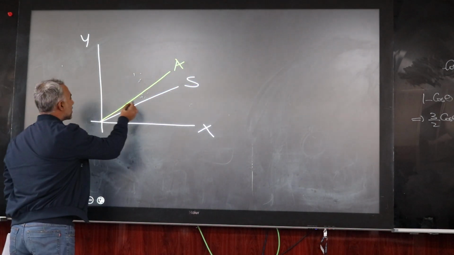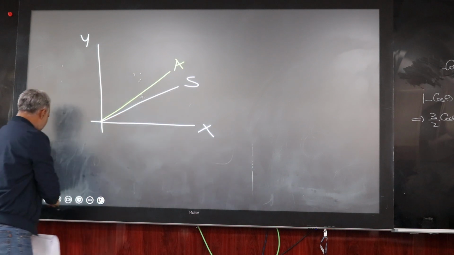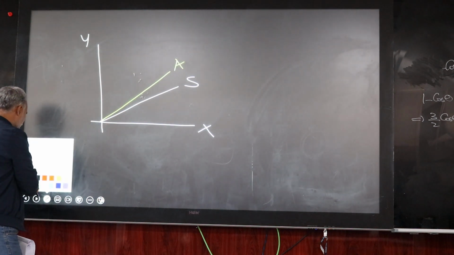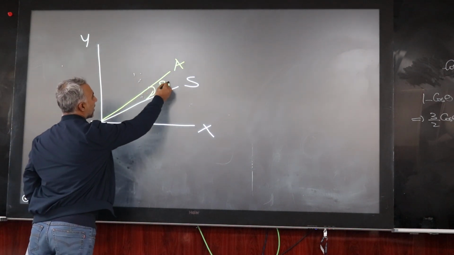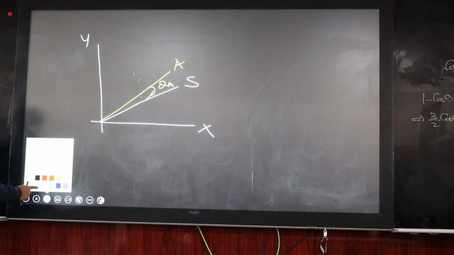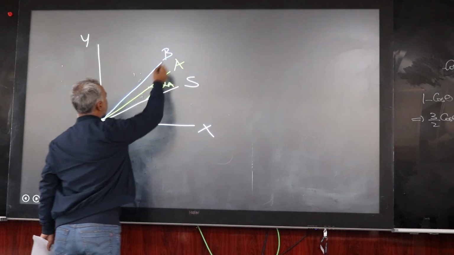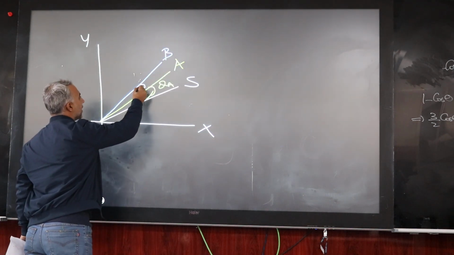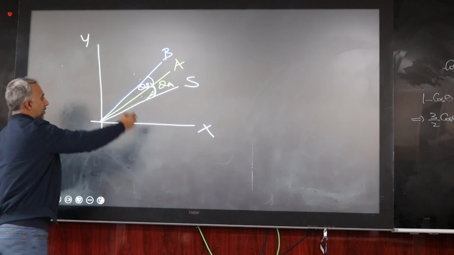With respect to the standard, the angle of the feature expression will change. Then this one has angle theta A. Then the next one, B, will have theta B. Theta B starts from here, from the standard.